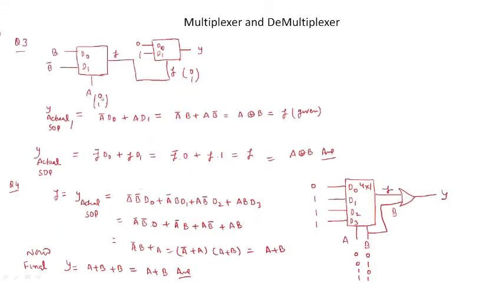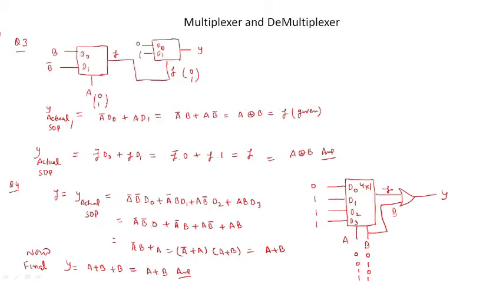Now the third problem is that a multiplexer of 2 by 1 order is given, and there is also another multiplexer which is 2 by 1. Because we have 2 input lines, there will be one select line and it will have 2 rows, which will be 0 and 1.